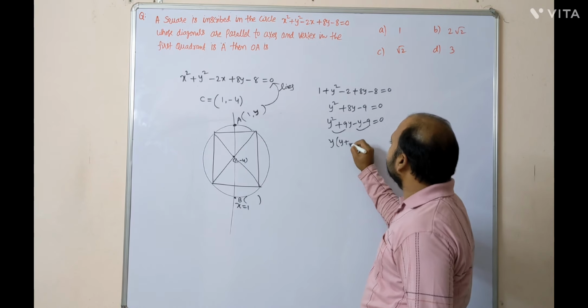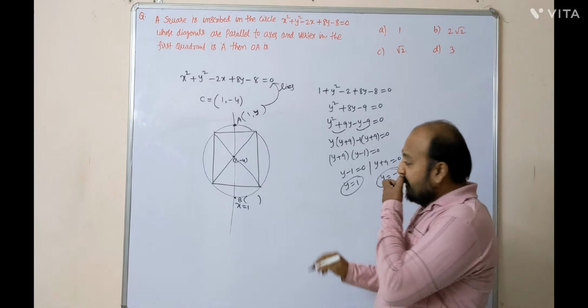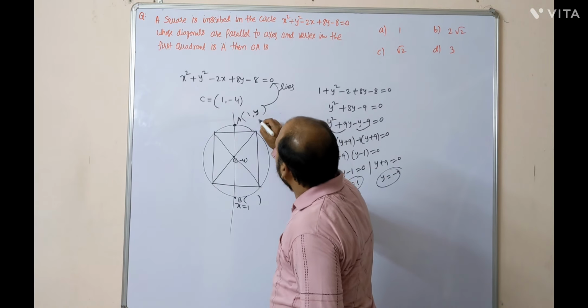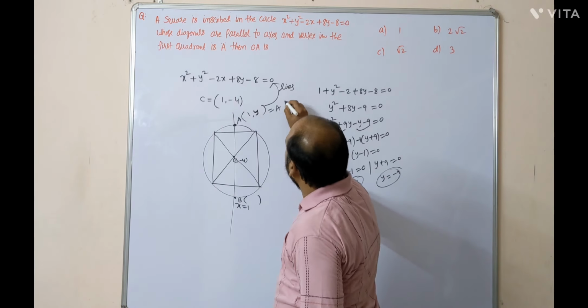So y plus 9 into y minus 1 equal to 0. So y minus 1 equal to 0, y plus 9 equal to 0, y is equal to 1, y is equal to minus 9. So A becomes 1 comma 1.